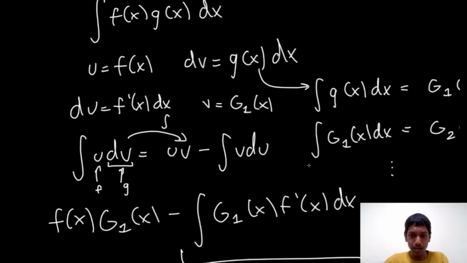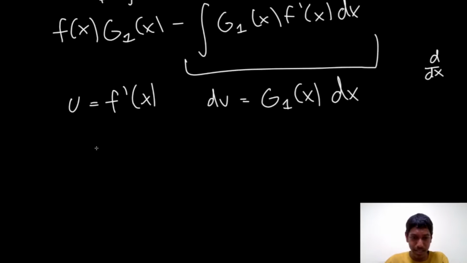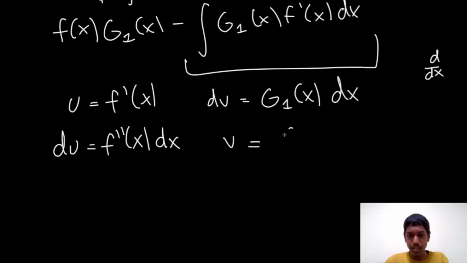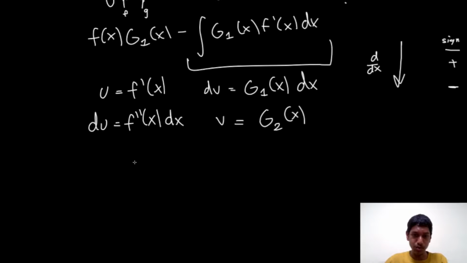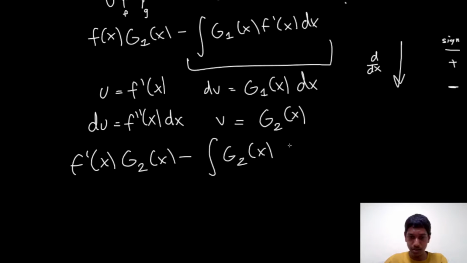So what that ends up being is du is going to be f double prime x dx, and then v will be g2 of x. So at this point, we're just going to use the formula again. It's going to be uv minus the integral of v du.